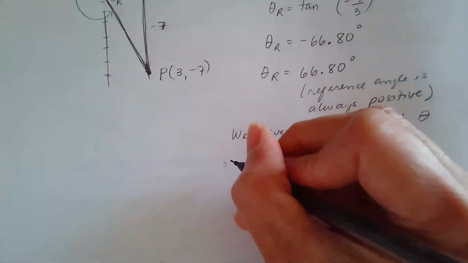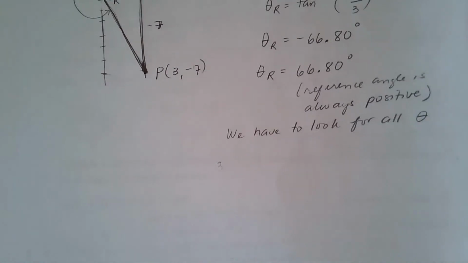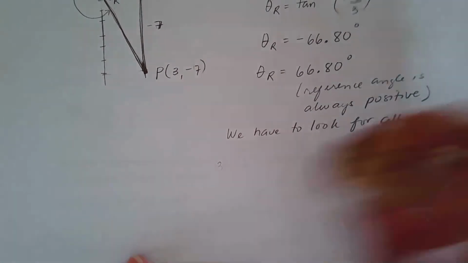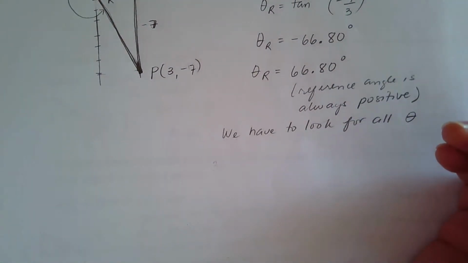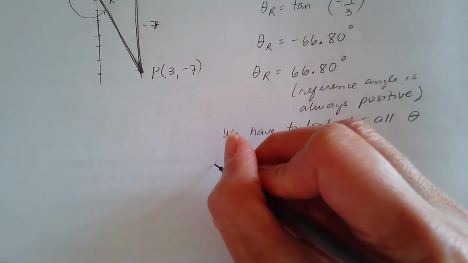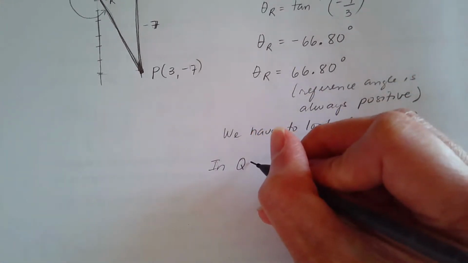So the first one, we're looking for a coterminal angle. We can say that it's going to be in quadrant 4.